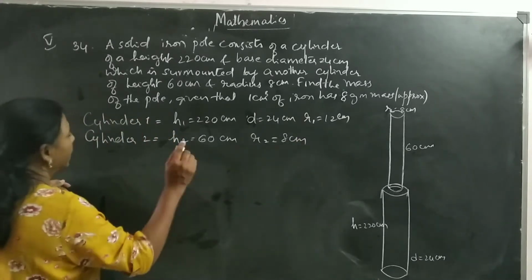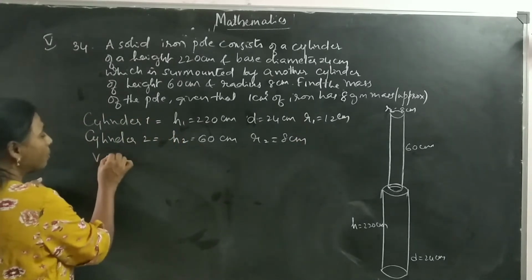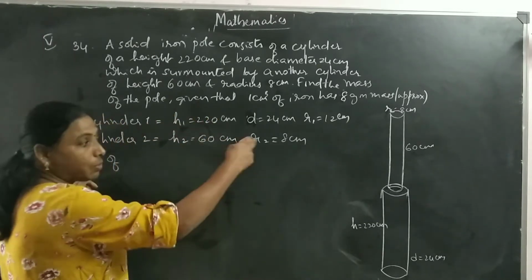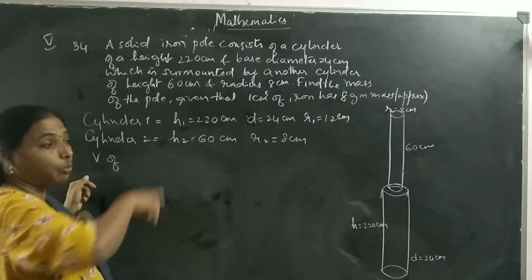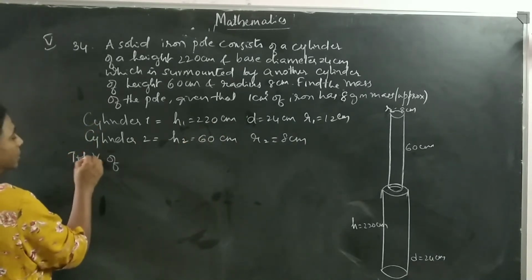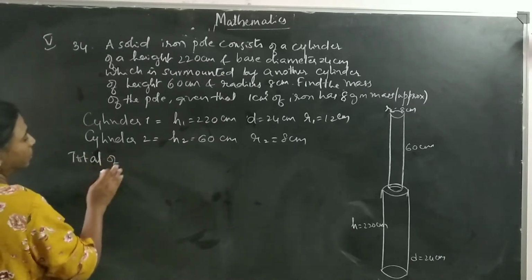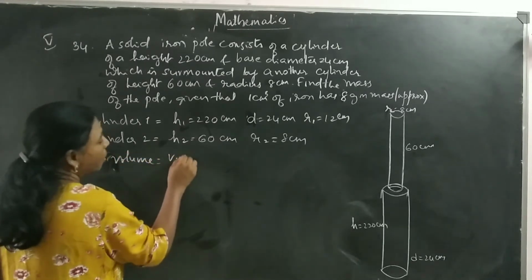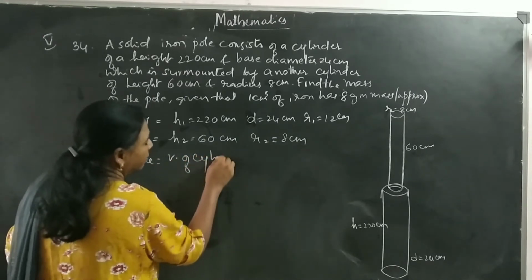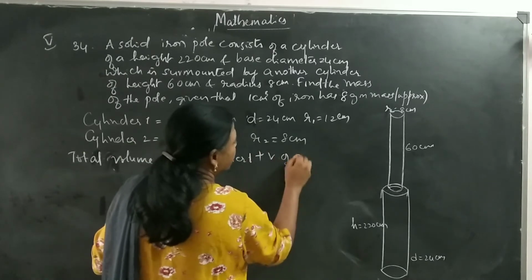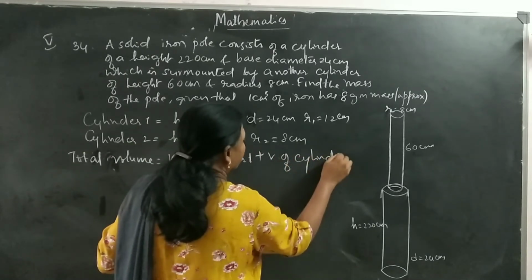So volume of cylinder 1 plus volume of cylinder 2 gives you the total volume, isn't it? So total volume is equal to volume of cylinder 1 plus volume of cylinder 2.